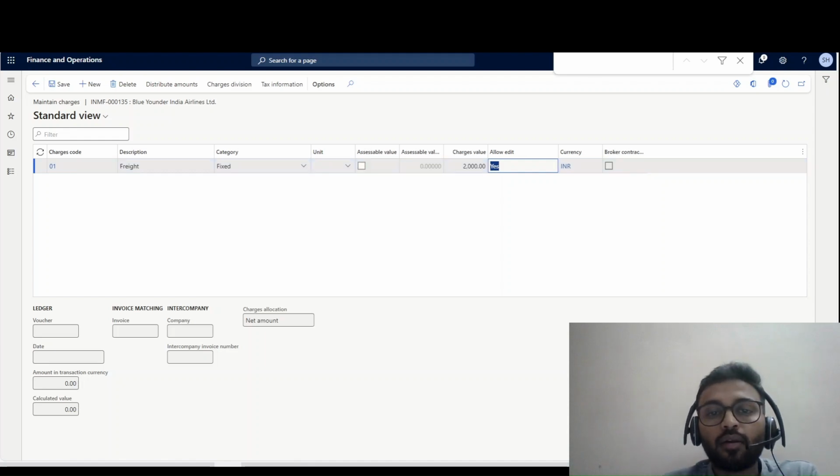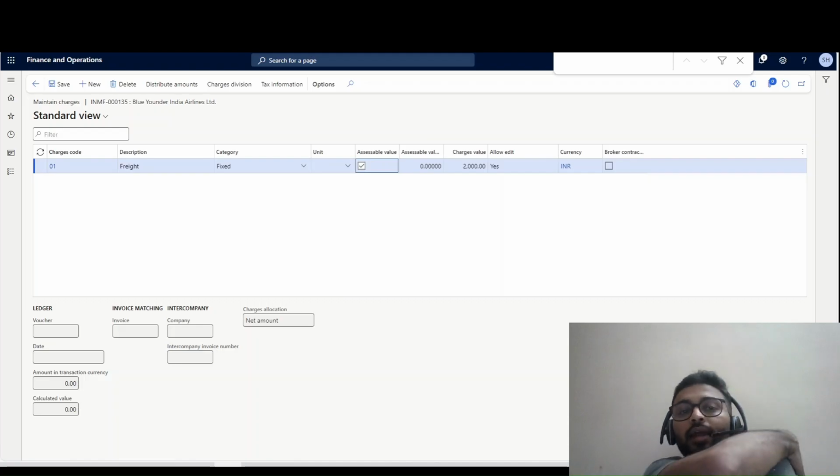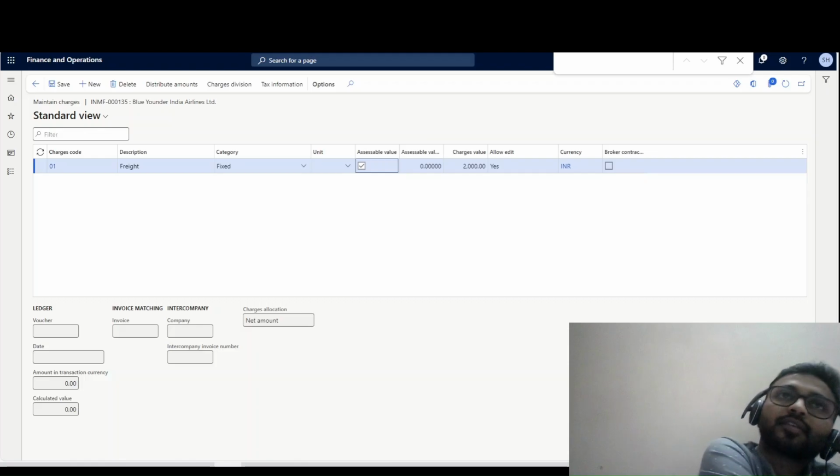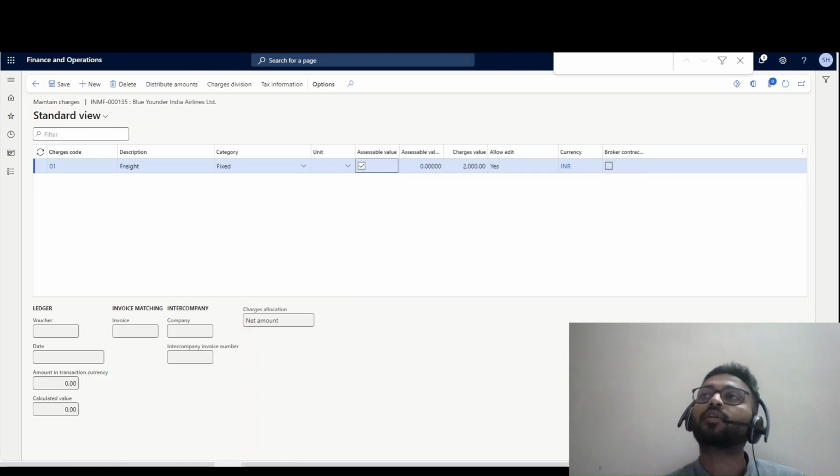But whenever you are using the charge code in an Indian legal entity, the accessible value button will be there. What is the reason for this accessible value? Because in India, all the GST will be calculated on the basis of the accessible value. For that, we have this bookmark.